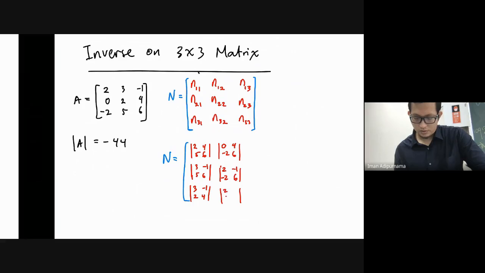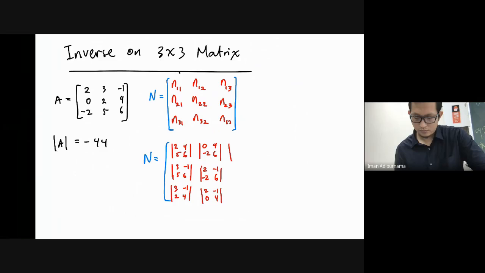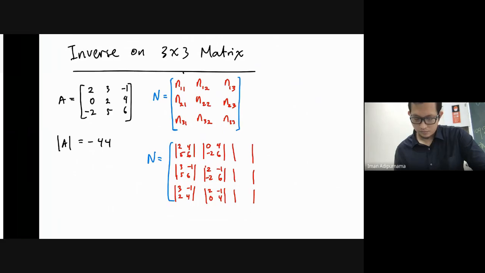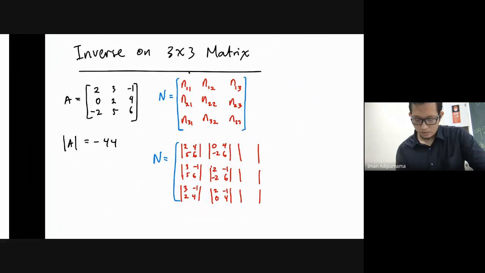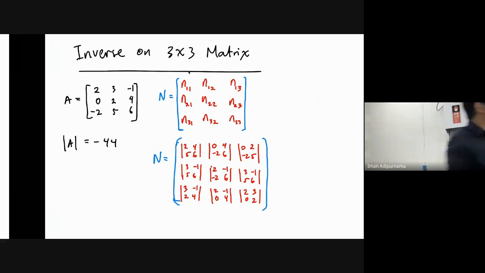And then this is 2, 0, negative 1, 4. 2, 3, 0, 2. 0, 2, negative 2, 5. Okay, and then we calculate all of them.